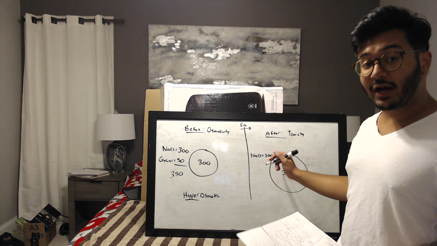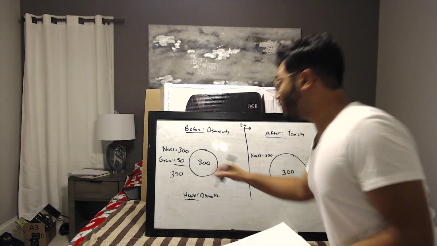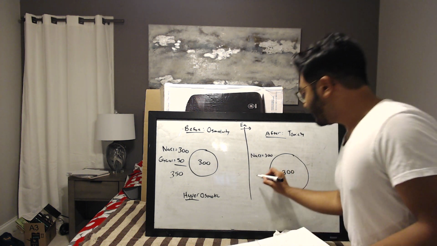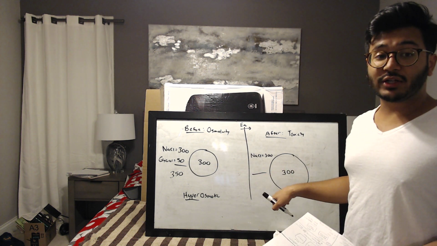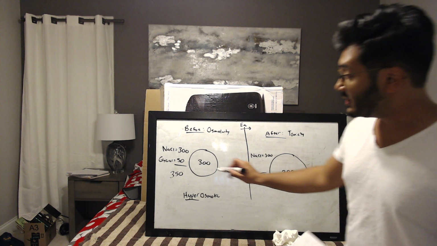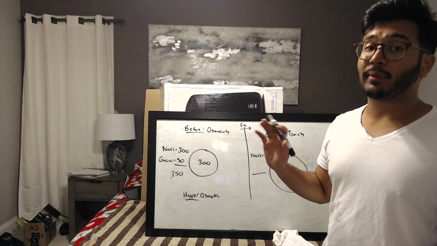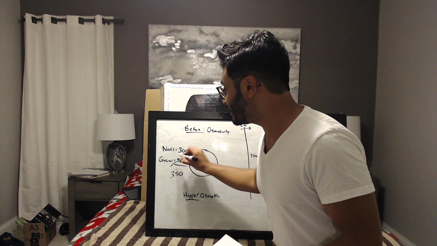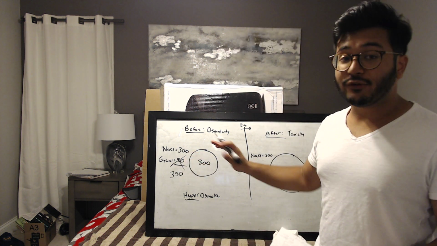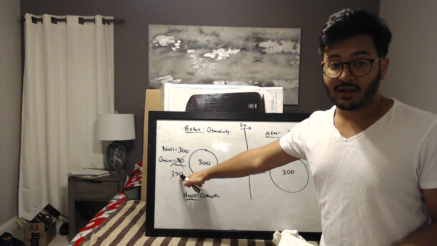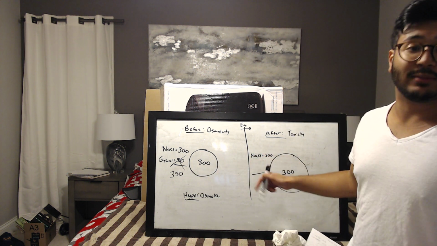Okay, so given that, I probably should have said that at the beginning, but given that, if the concentration of sodium chloride is 300 and the concentration of glycerol is 50, what you can basically do to figure out the overall concentration on this side is just to take the values of everything that's going to be fully permeable and just cross them out. If you just take them out of this value, then whatever's left is whatever's going to be left on the outside.